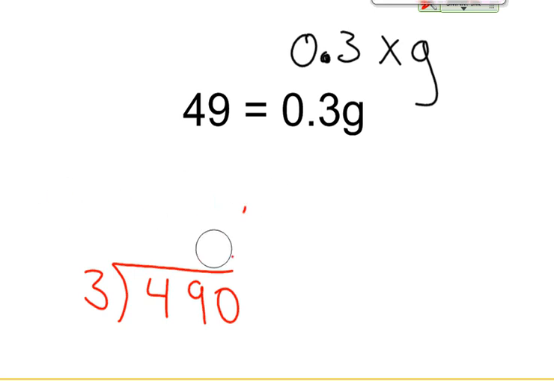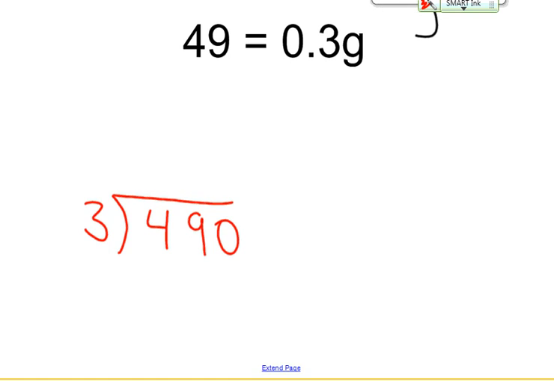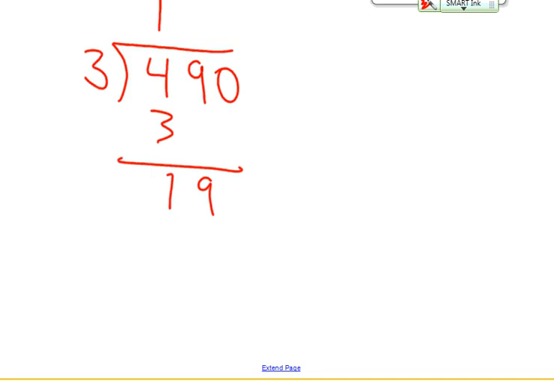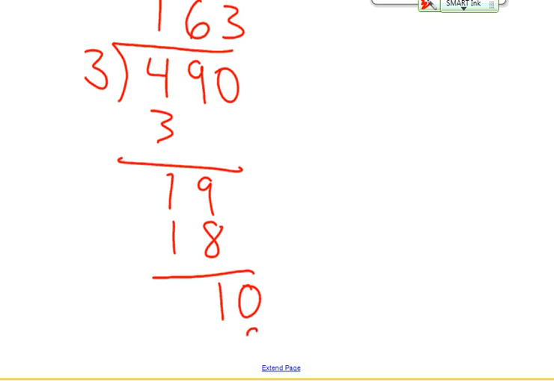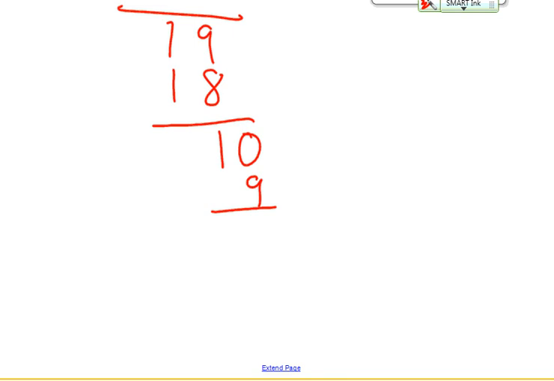Now that we have space to actually write this, we can solve this problem then. All right, 3 goes into 4 one time, 3, and 1, 9. Can extend the page. 3 goes into 19 6 times. 6 times 3 is 18, and we're left with a 1 and a 0. 3 goes into 10 3 times, and we're going to get a 9, and we can extend the page some more, and now we have a 1, and suddenly, all right, since we're at the end of our number, we're really at something that's going to continue to repeat, right?